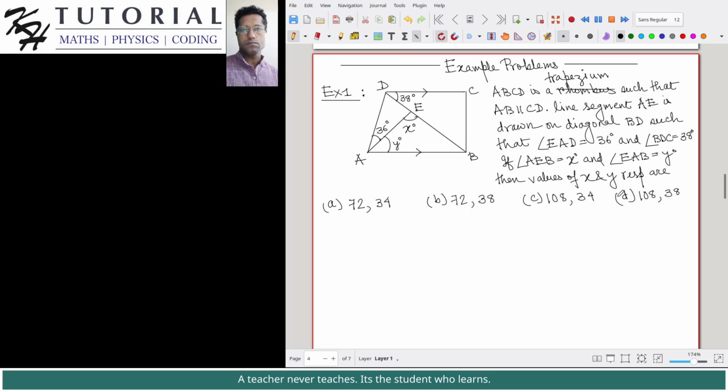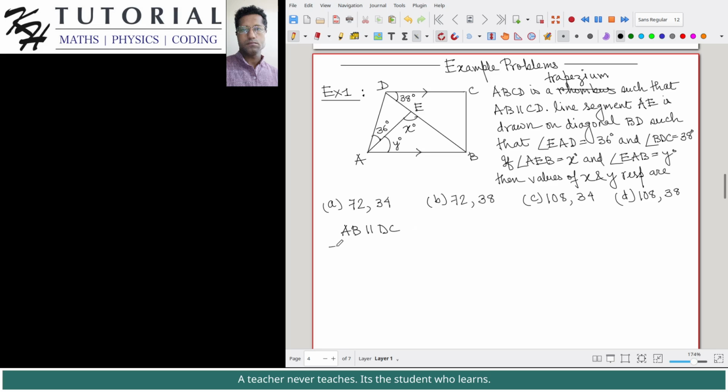Okay. So ABCD is a trapezium. Since it's a trapezium, it is given that AB is parallel to DC, so these two opposite sides are parallel.